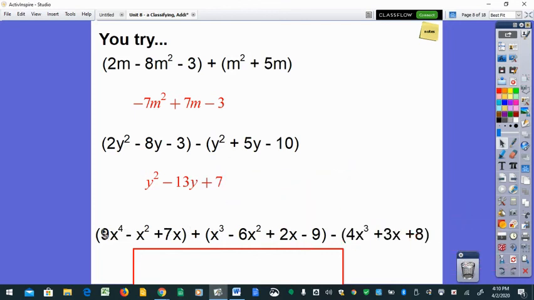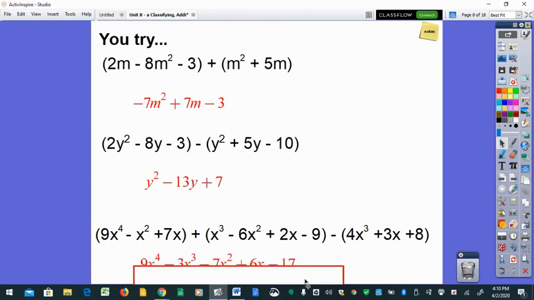So to be honest, these parentheses aren't necessary, but these are, because you're going to subtract a 5x to the third, you're going to subtract a 3x, and you're going to subtract an 8. So 9x to the fourth is by himself. Negative x squared minus 6x squared is negative 7x squared. He's right here.